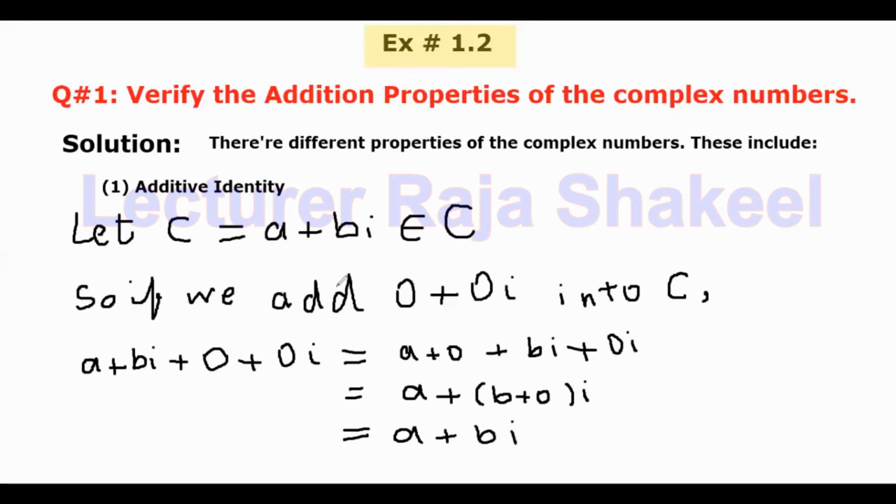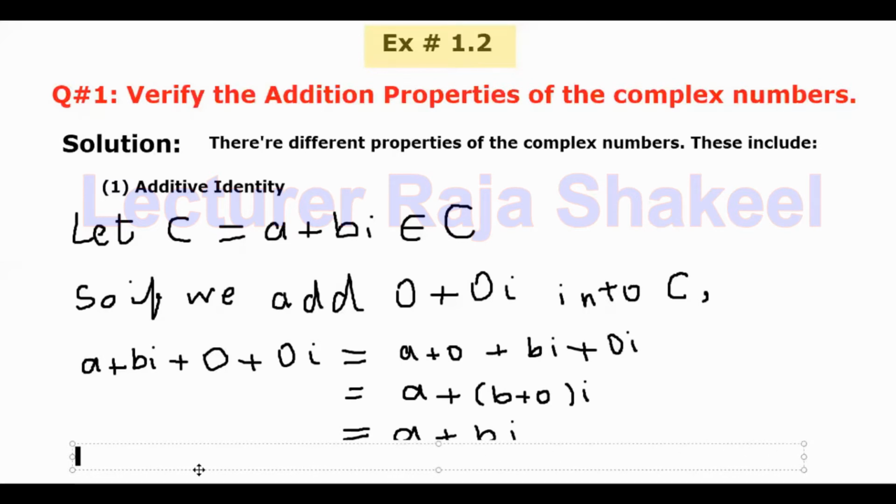Therefore, we may say that the additive identity property is satisfied for the complex numbers as well. Previously it was satisfied for the real numbers only, but now it is satisfied for the complex numbers as well.